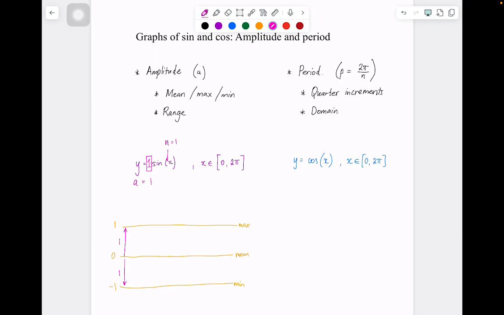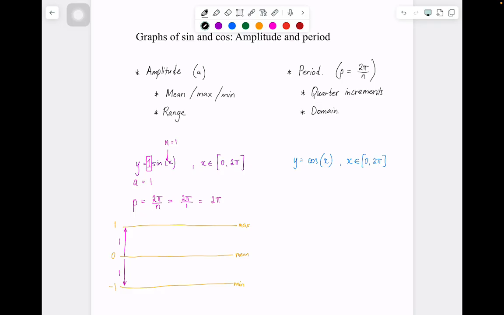So our maximum line therefore becomes 1, our minimum line becomes -1. So that covers the idea of the amplitude. So therefore our amplitude A is equal to 1. I might pop this up here so we can see it more clearly.